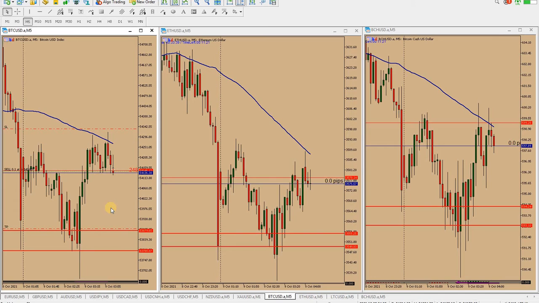So let me look at the others. Ethereum still is not showing us to sell, and Bitcoin Cash still has not given us the permission to sell, but Bitcoin was actually showing. When I'm talking to you, I look at my other computer as well, because the software we uploaded is on the other computer. We cannot upload it on the platform, any M4, M5, Meta 5.